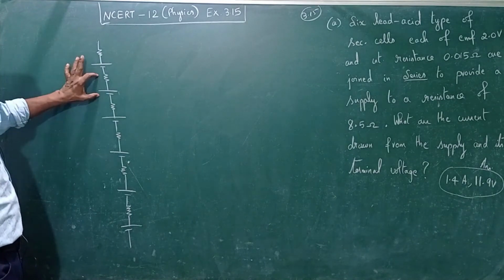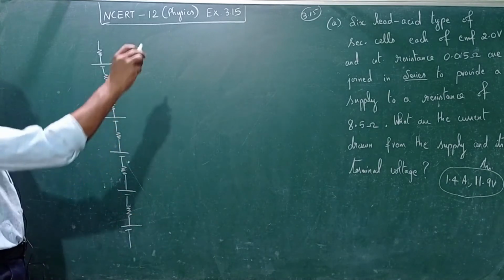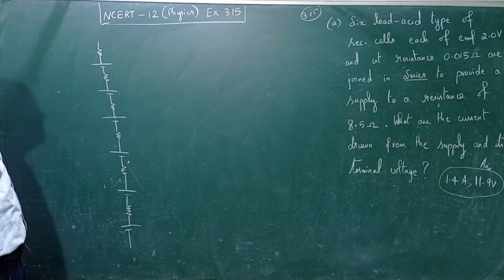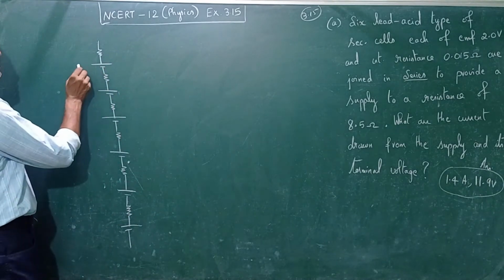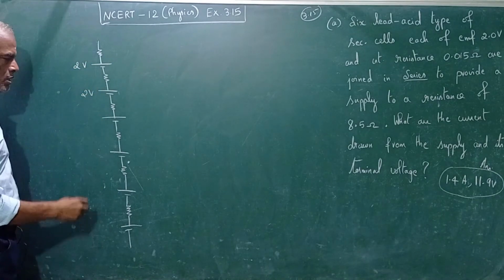So first one, second one, third one, fourth one, fifth one, sixth. 6 lead acid type of secondary cells, each of 2 volts. So each one is having 2 volts. All are 2 volts.